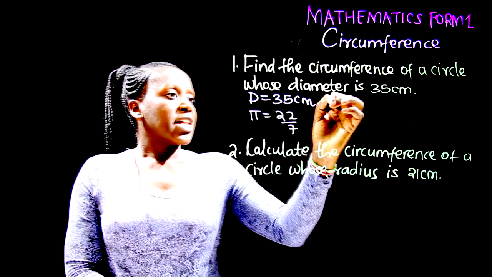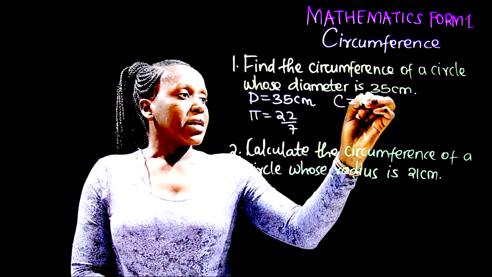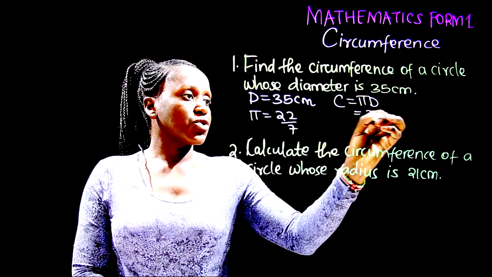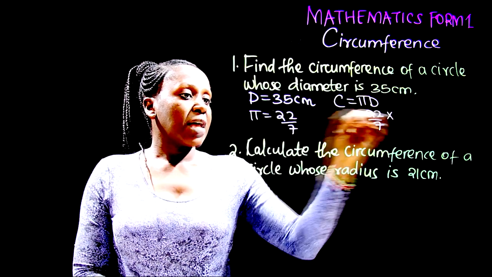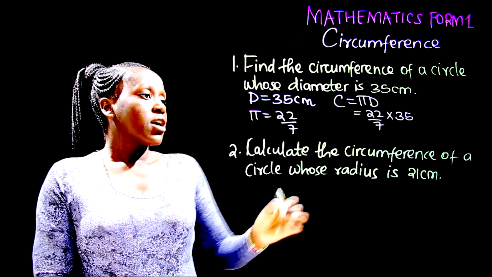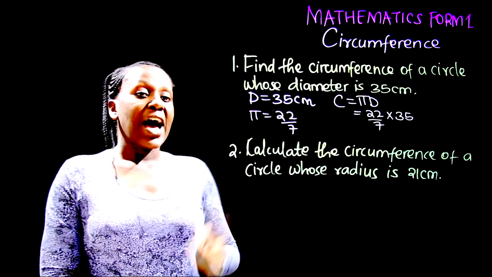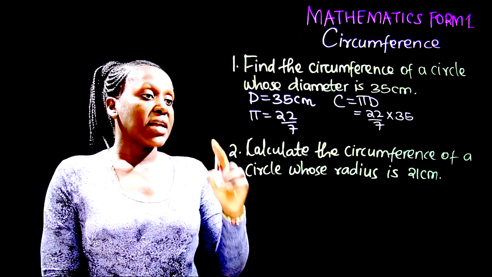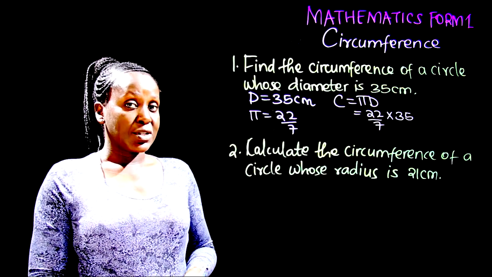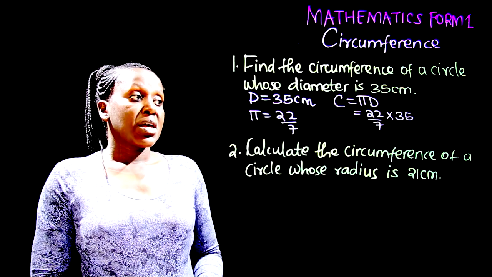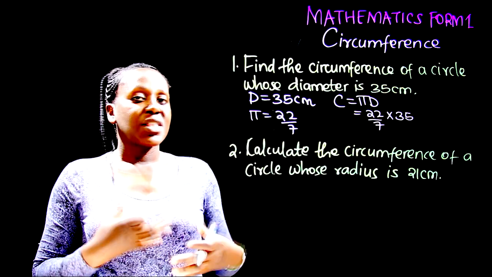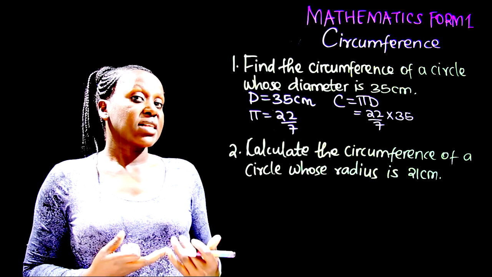So we know that the circumference is equal to pi d, and this is equal to 22/7 times the diameter, which is 35. So 7 and 35 are divisible, and that is why I decided to use 22/7 to avoid working with decimals, because when you are doing multiplication with decimals, the risk of making an error is higher.